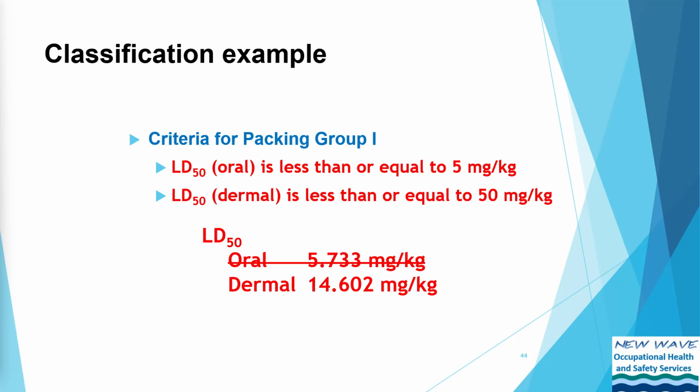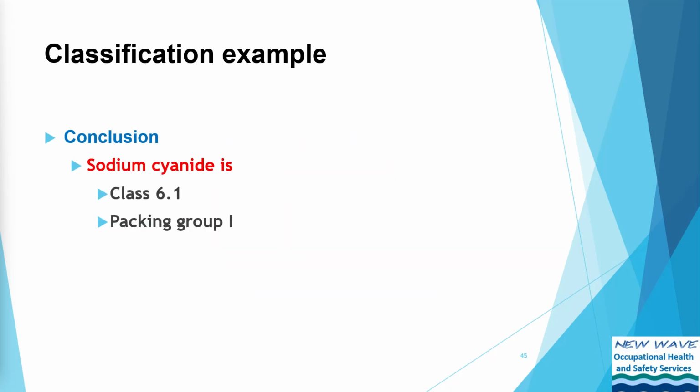Sodium cyanide's oral LD50 value of 5.733 is too high for packing group 1. However, its dermal LD50 of 14.602 is well within range. As we always take the lower packing group number, we can classify sodium cyanide in packing group 1. Our final conclusion, sodium cyanide is class 6.1, packing group 1.